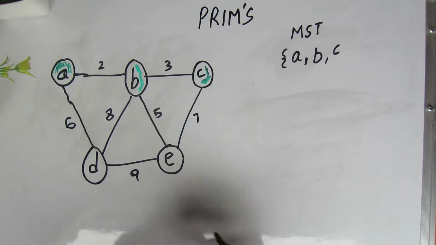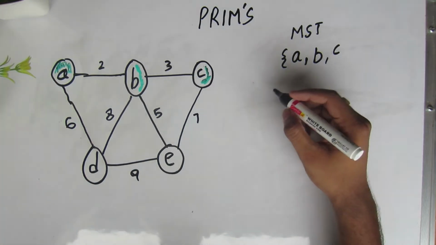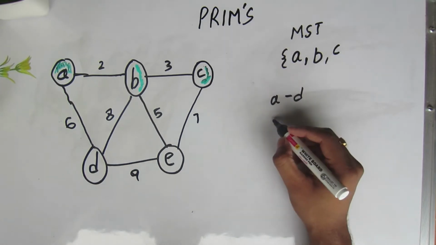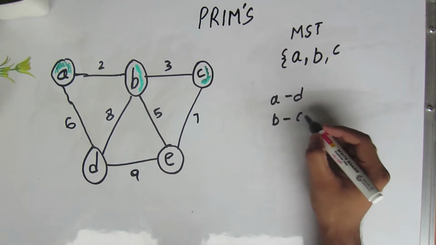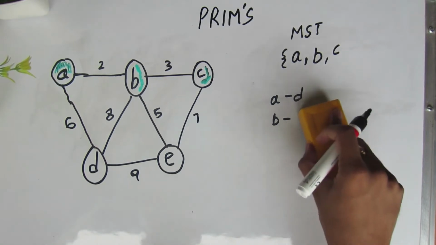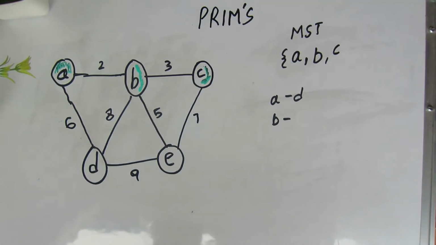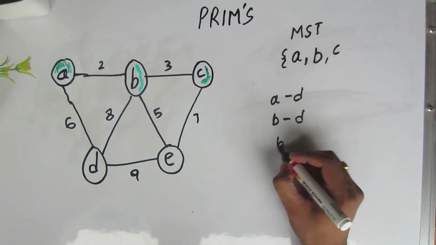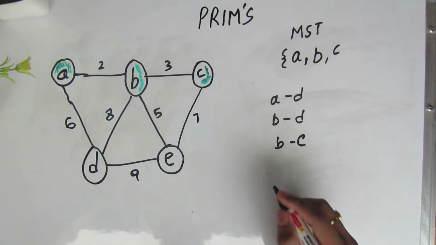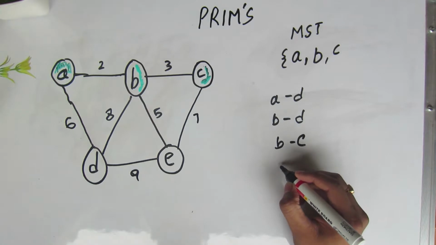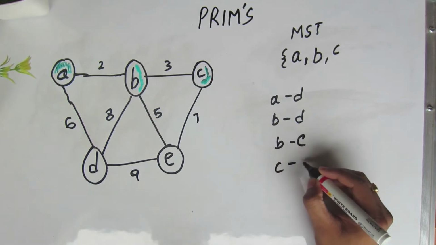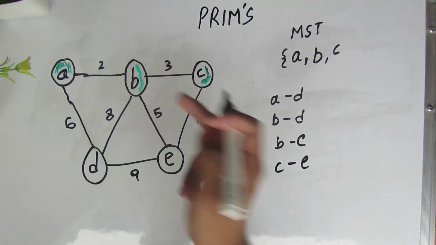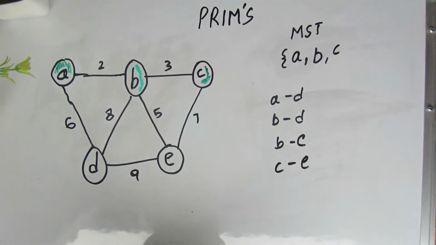Let's consider all the possible adjacent edges for the candidate set. A to D. B to C is not considered because C is already in the minimum spanning tree. So B to D, B to E, and we are done with B now. C has C to E, that's it. C to B is not considered because B is added to the set.